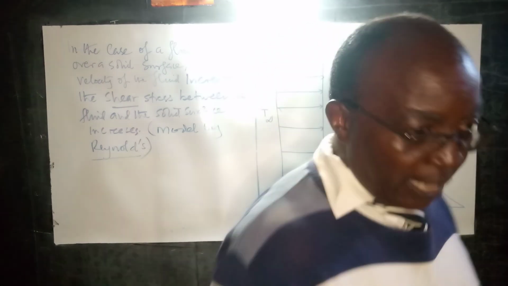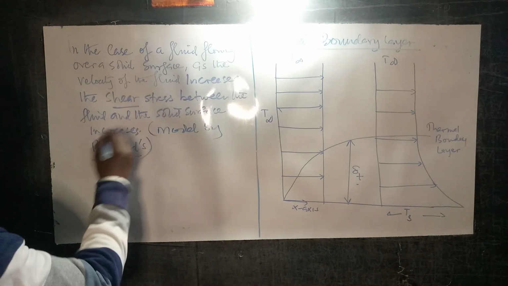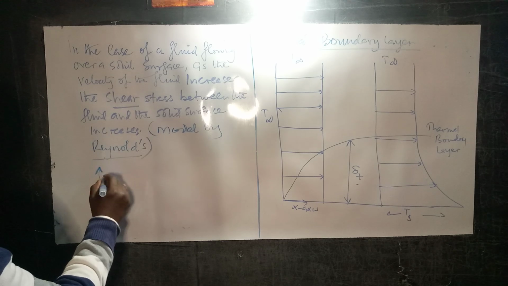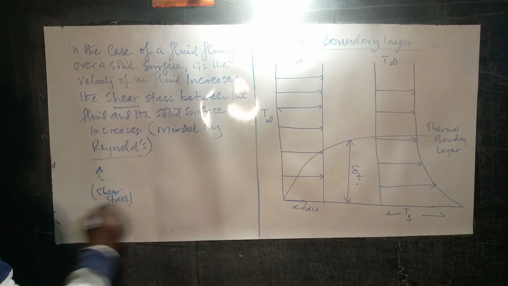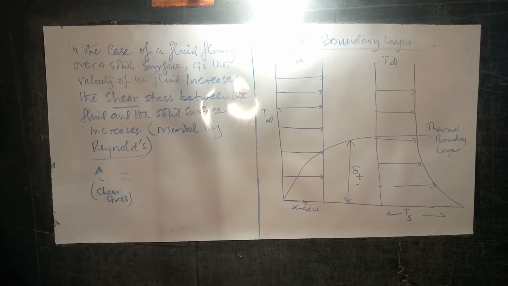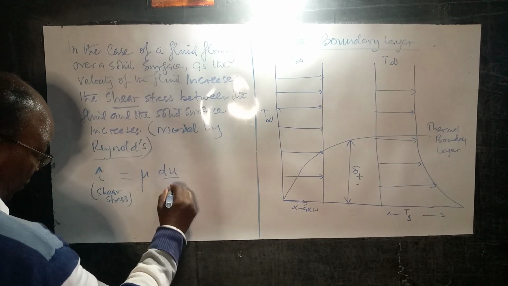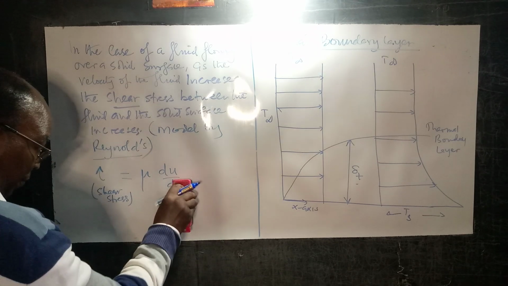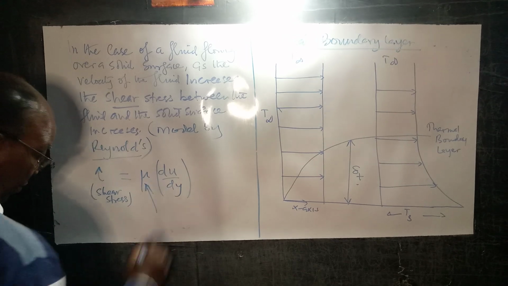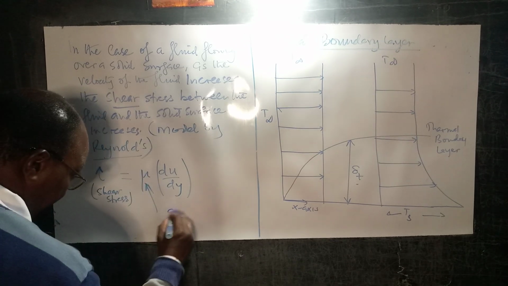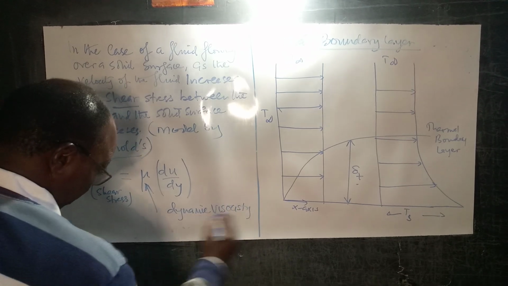And so we can capture this in a nutshell by saying that tau is proportional to the velocity gradient. This mu is the dynamic viscosity.